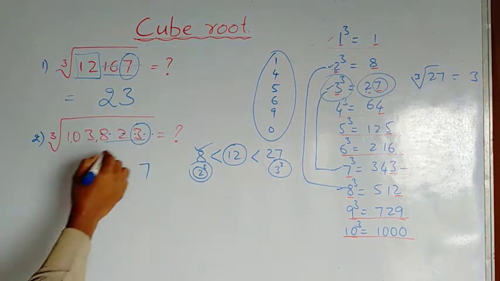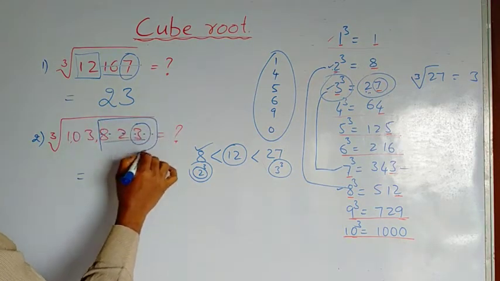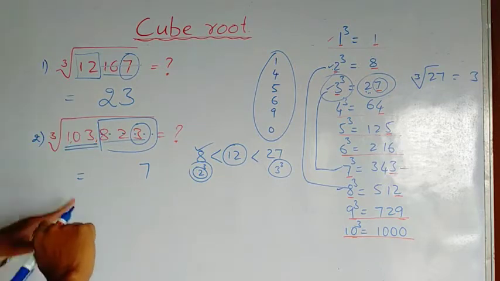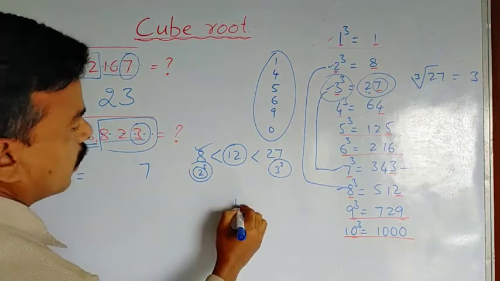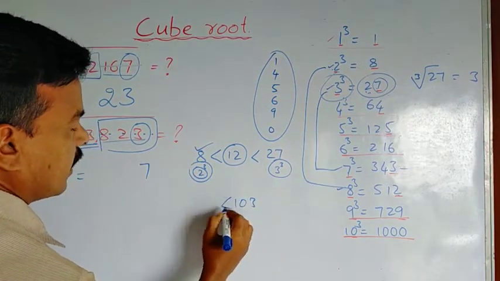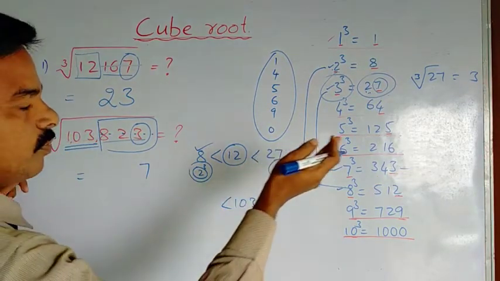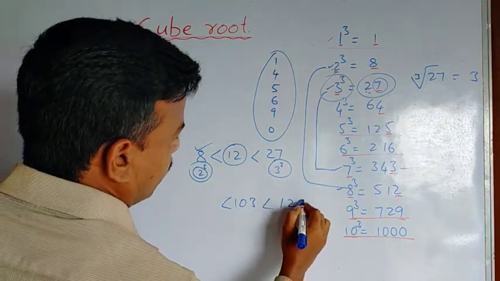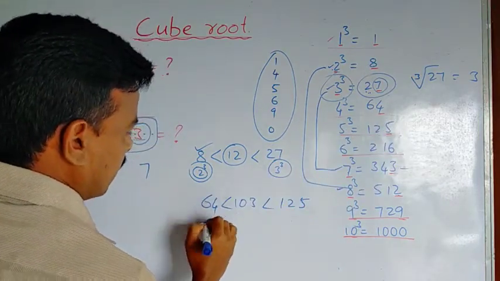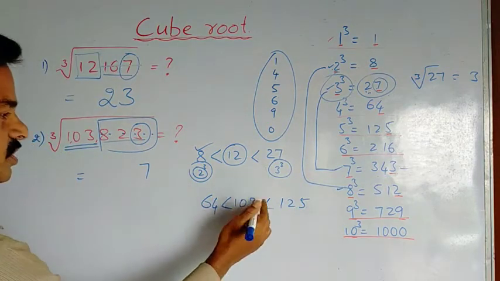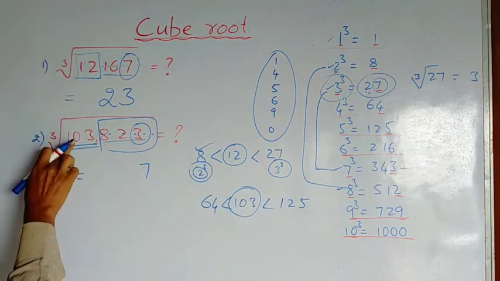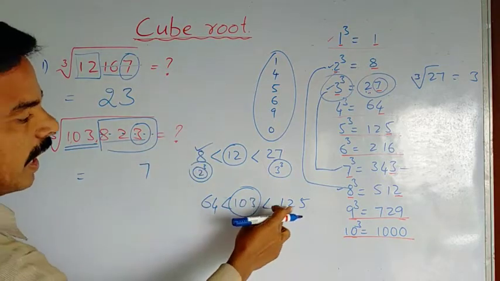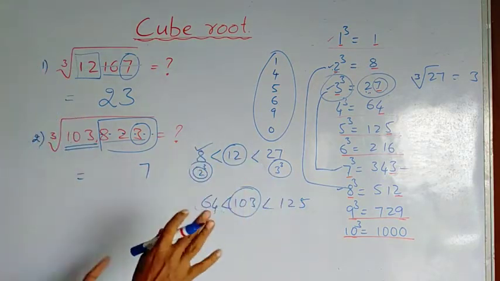Leave these 3 digits, and the remaining digits are 103. 103 is more than 64, which is a cubic number, and less than 125, which is a cubic number.